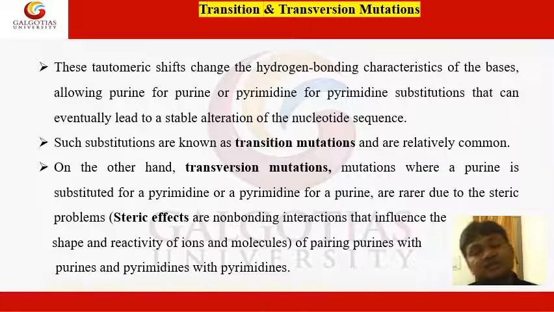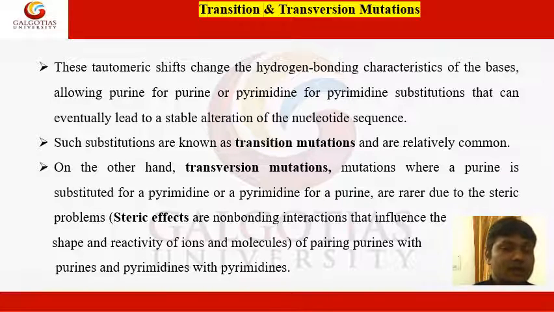These tautomeric shifts change the hydrogen bonding characteristics of the base and allow purine for purine and pyrimidine for pyrimidine substitutions that can eventually lead to stable alterations. Such substitutions are known as transition mutations, whereas in transversion mutations a purine is substituted for a pyrimidine and a pyrimidine for a purine.